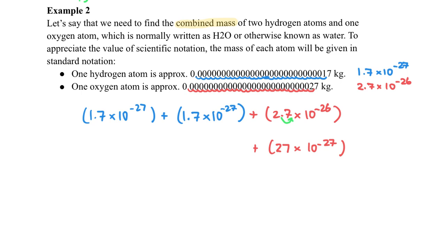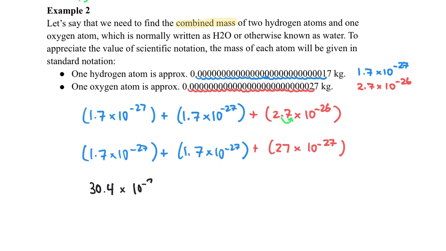The other two can just come down. 1.7 times 10 to the negative 27 plus 1.7 times 10 to the negative 27. All right, now I can add these all together. So first things first, 1.7 plus 1.7 is 3.4. 3.4 plus 27 is 30.4. So I have 30.4, and then the times 10 to the negative 27 just stays the same.